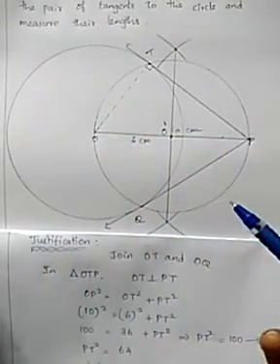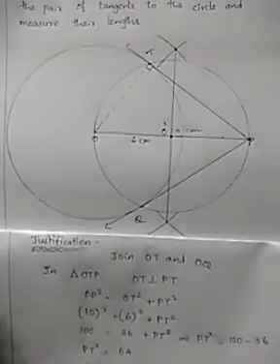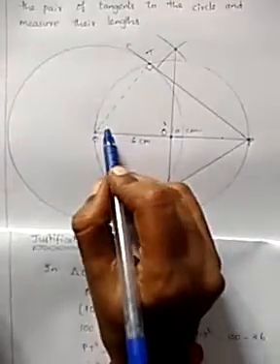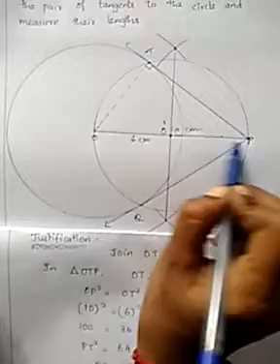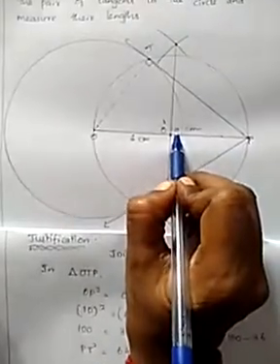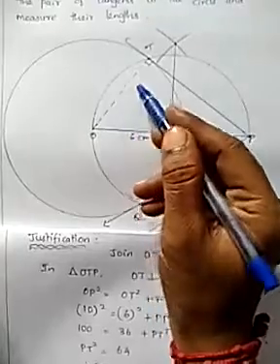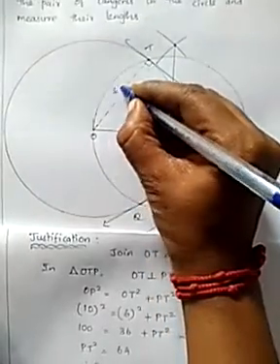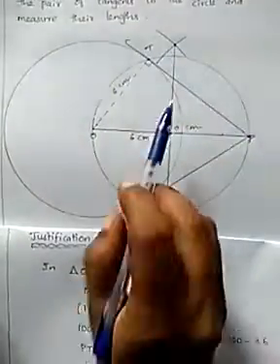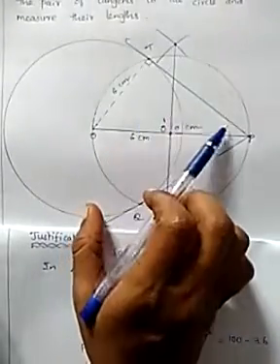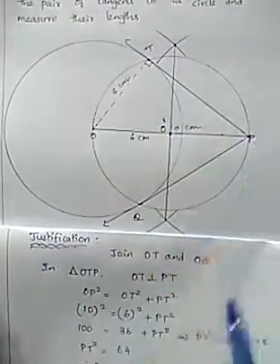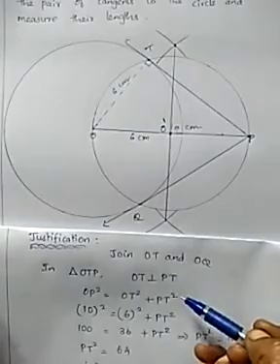Now we are going to measure the length of the tangent. In this triangle, OP is 10 centimeter. OT, what is OT? OT is the radius of the circle, so this is 6 centimeter. Now we can easily measure the length of PT. Apply the Pythagoras theorem.